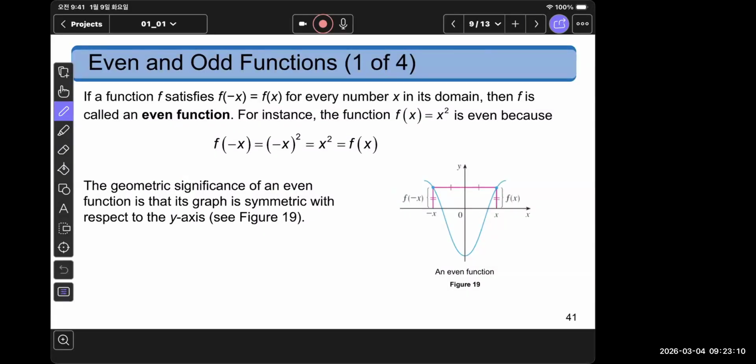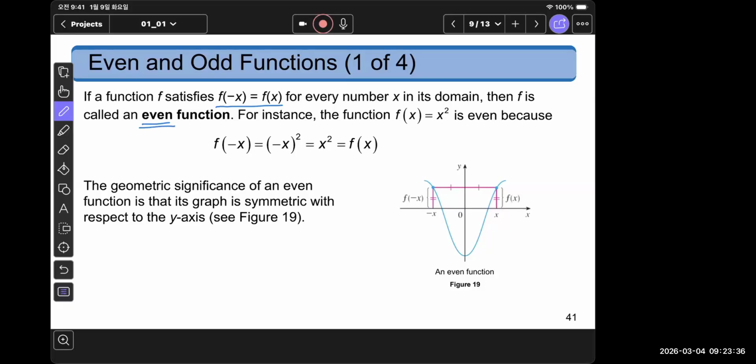Now, given a function, some functions are special and satisfy this property for any x in its domain: when you plug in x and negative x, you get the same values. If your function satisfies such a property, then your function is called an even function.